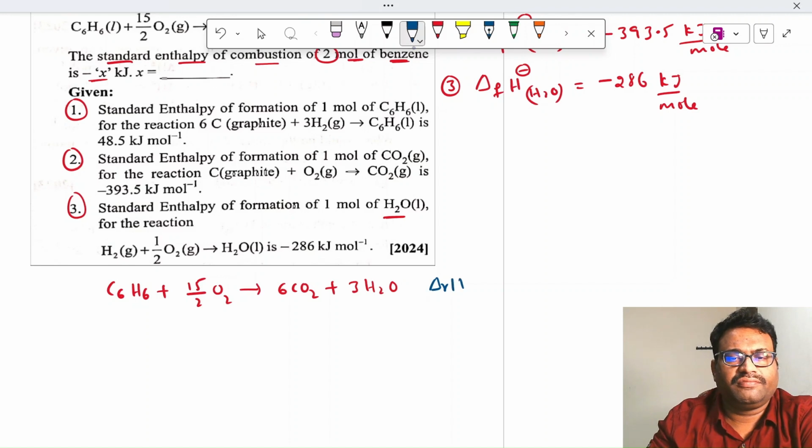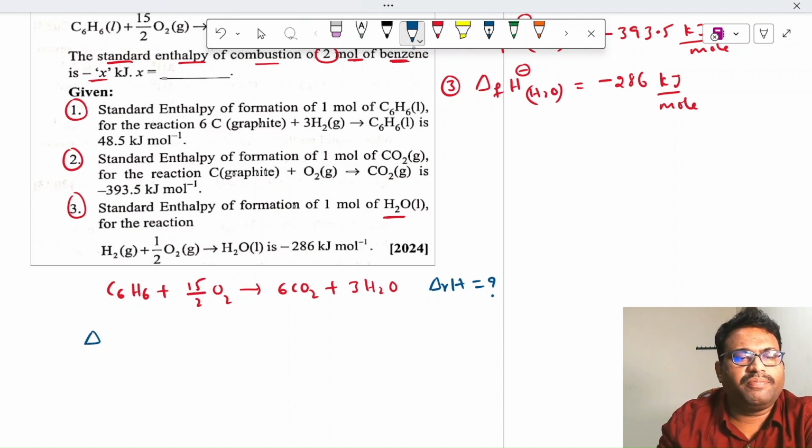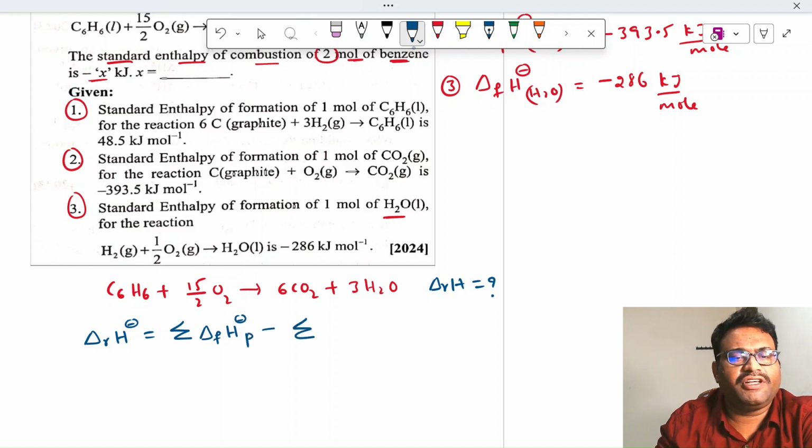So when enthalpy of formation is given and enthalpy of reaction is asked, we have a formula: enthalpy of reaction is equal to the sum of the enthalpy of formation of products minus the sum of the enthalpy of formation of reactants. The products are carbon dioxide and water.